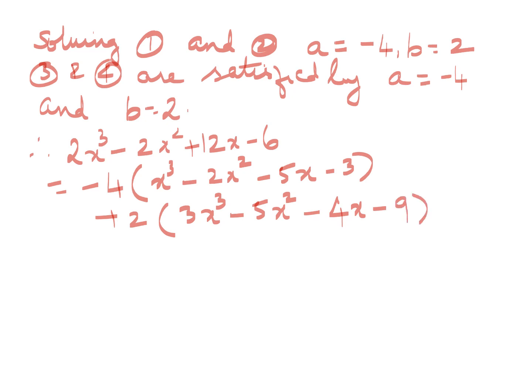So one vector we are able to write as a linear combination of the other two vectors.